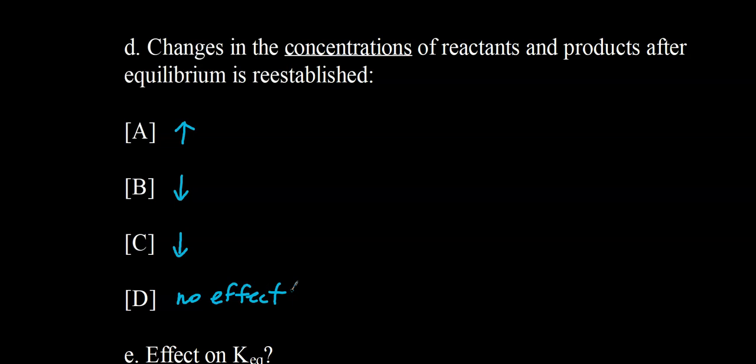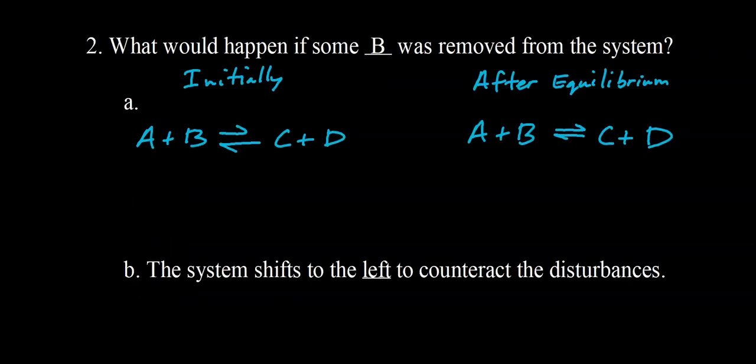All right, so let's make some generalizations. And I don't really want you to just memorize these generalizations and memorize these trends. Understand Le Chatelier's principle and then use this to help support your thinking. Here's how it works. Let's go back to our first example.